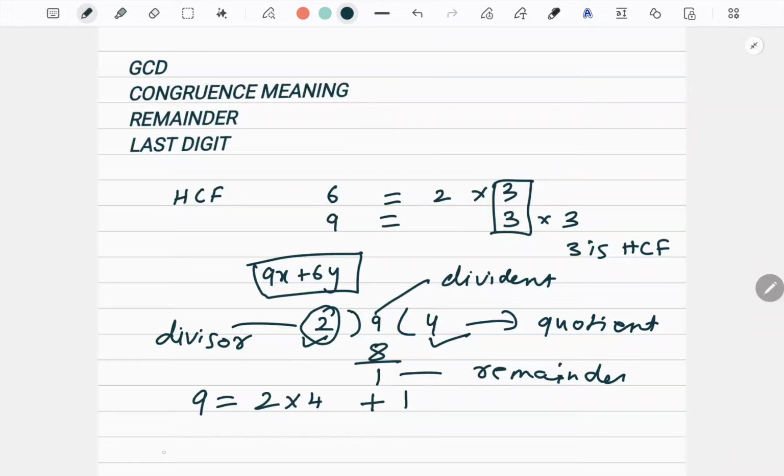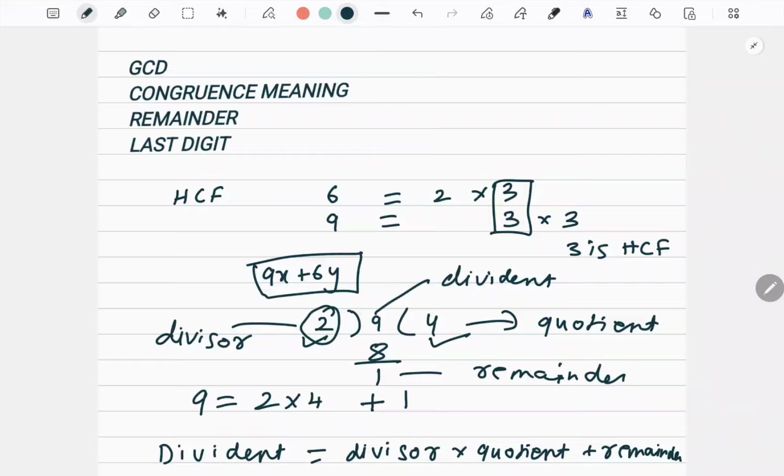The theorem says that dividend is equal to divisor into quotient plus remainder. The basic concept in this module will be this only, the concept of divisor, dividend, quotient and remainder, which we will be presenting in a different way. If you are very clear with this concept, you will not get stuck in any question.